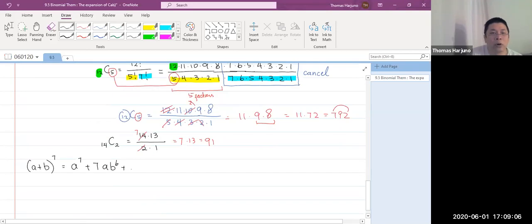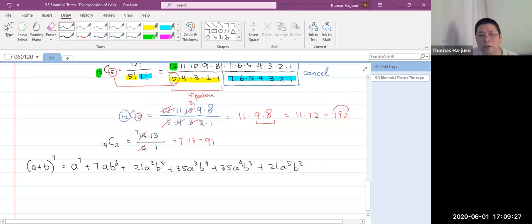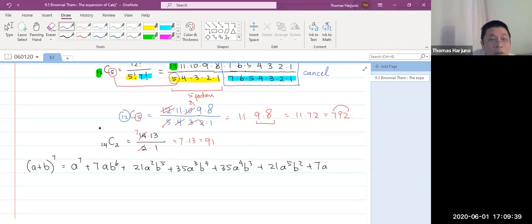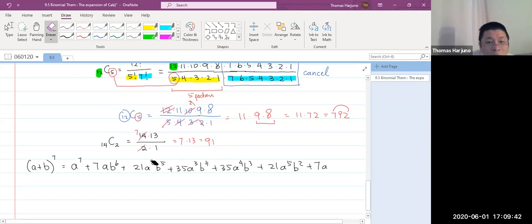So that's 21a squared b to the 5th, 35a cubed b to the 4th, plus 35a to the 4th b cubed, plus 21a to the 5th b squared, plus 7a... I think I wrote my exponents incorrectly. They are supposed to start from 7 going down.